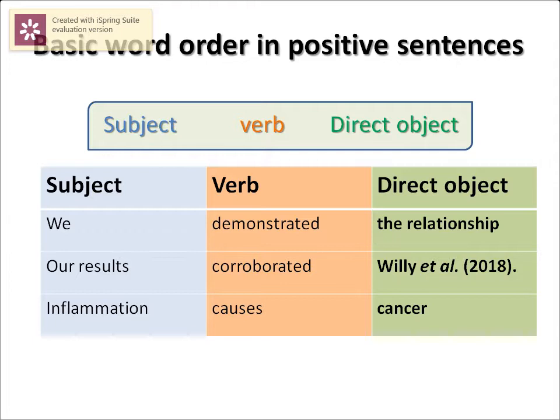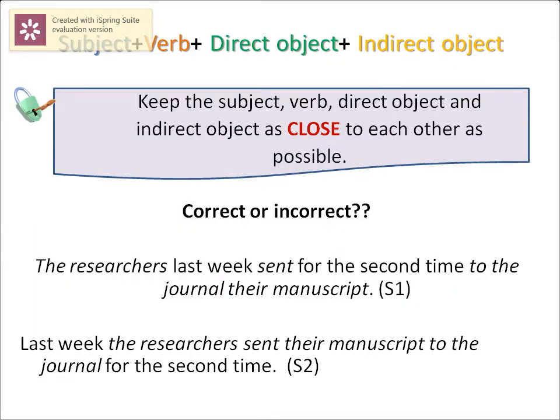The direct object is Willie et al. 2018. Sentence 03. Inflammation causes cancer. Inflammation is the subject. Causes is the verb. Cancer is the direct object. You observe that all sentences are structured following the basic order, subject plus verb plus direct object.